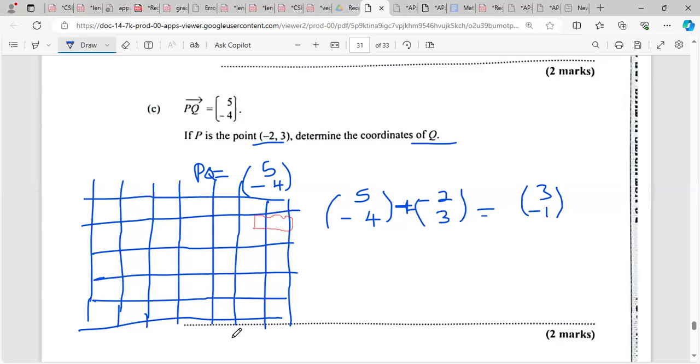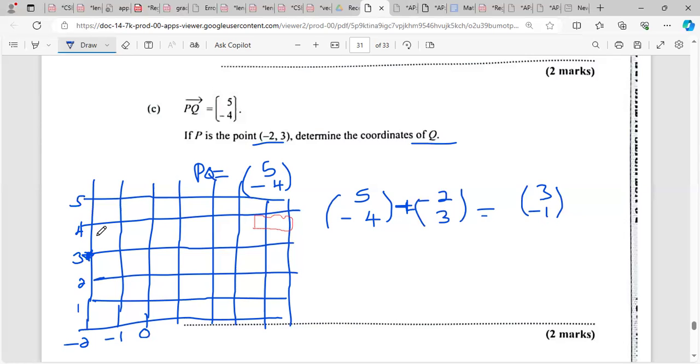Alright, so I can make a quick graph. So I make 0 here. So you have negative 1, negative 2. And then you go up 1, 2, 3, 4, 5, right? Then say the point P is negative 2, 3. So you go up, so this should be the point, right? Negative 2, 3.